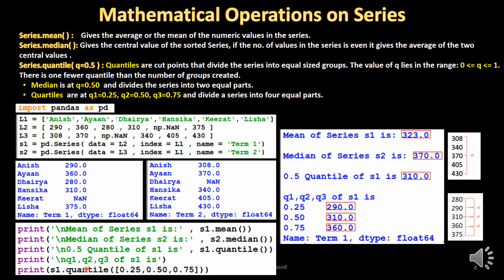The next statement print S1.quantile of a list of values 0.25, 0.50 and 0.75 will give us the quantiles Q1, Q2 and Q3. Q2 will be the central value of the series S1, that is 310. Q1 will be the central value of the lower half of the series, that is 290. And Q3 will be the central value of the upper half of the series, that is 360.